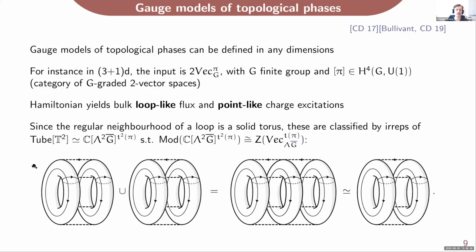The sphere would be to classify point-like excitations, because the sphere is a regular neighborhood of a point, and you can do the computation with the sphere, and then you find that you're only classifying the charge excitations. If we want the most general composite of loop-like fluxes and point-like charges, then we need the torus. And I will give more interpretation in a second about this tube algebra.